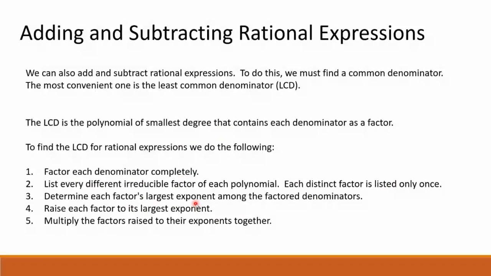So you want to determine each factor's largest exponent among the denominators, and then you raise each factor to its largest exponent, and then you multiply everything together. I know that sounds kind of confusing, but when we do some examples, it will make sense.